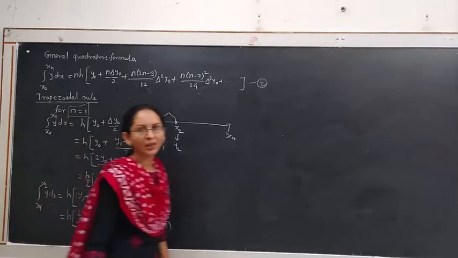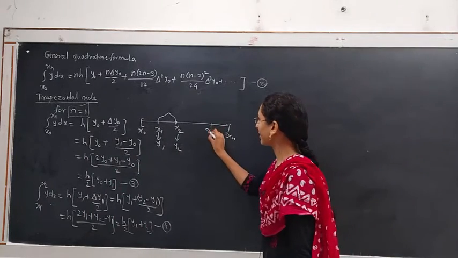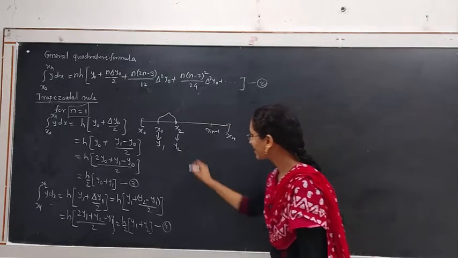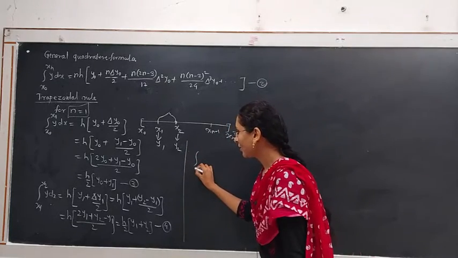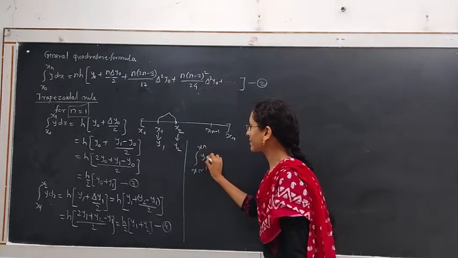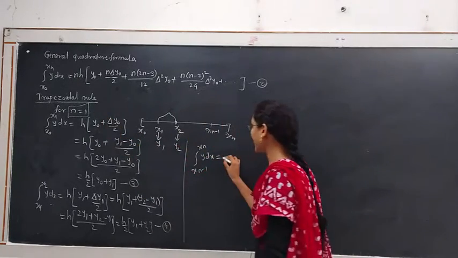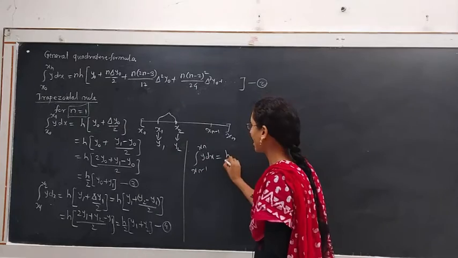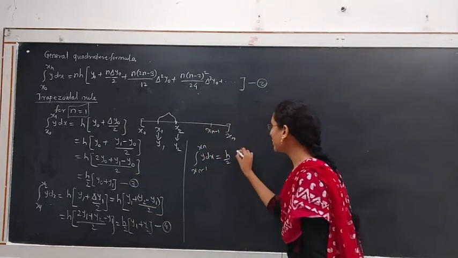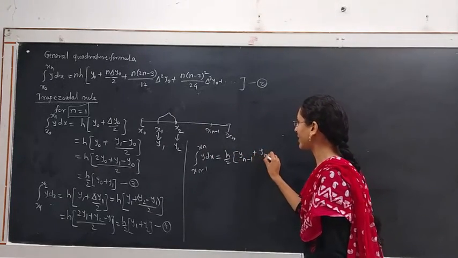In the same way, we can integrate the function y over the last subinterval from xn minus 1 to xn, and the value of the integration is integration from xn minus 1 to xn y dx is equal to, because n value is fixed, n is 1, we can write this as 1 into h upon 2, because everywhere we are getting denominator as 2, into yn minus 1 plus yn.